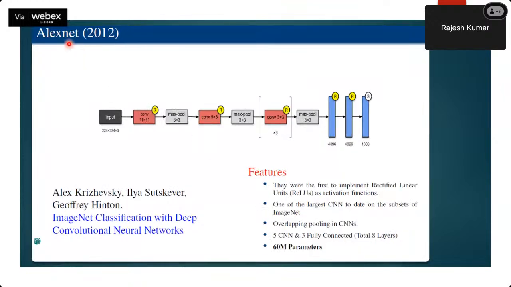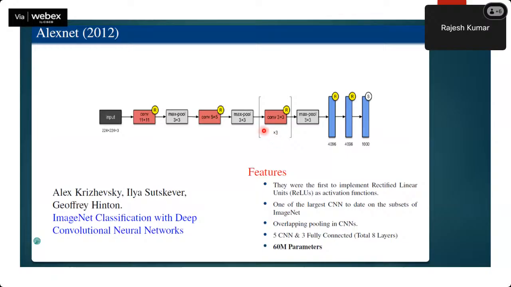Then comes AlexNet in 2012, which is a popular one. You can see the input is a colored image, 224 cross 224 cross 3. They've used a convolution layer of 11 cross 11, max pool, then a convolution layer of 5 cross 5, then max pool.